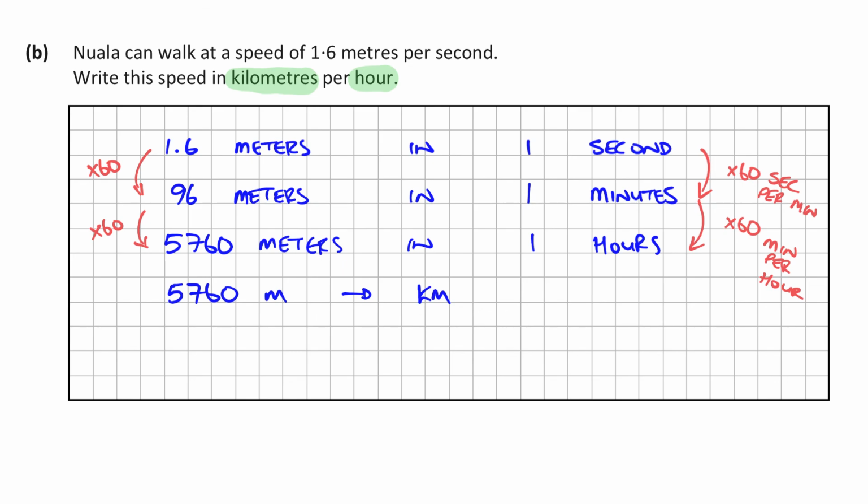So if I was to divide that by 1,000, I would get an answer of 5.76 kilometers per hour. Okay, and that question there, if you had got that correct in the exam, you would have got 10 marks.